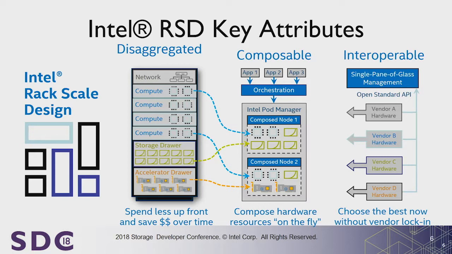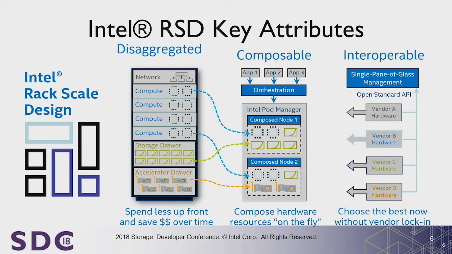We also have a pool of storage assets in the storage enclosure, and some accelerator drawer, for example. Intel RSD is able to discover all the assets in the data center, expose them to the orchestration, the DC admin or DC owner, and allow for composability of the resources into logical entities.